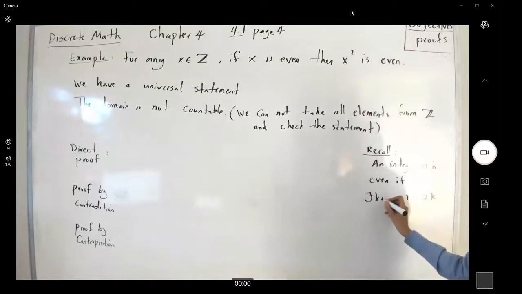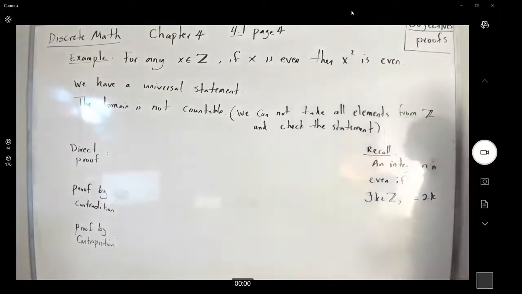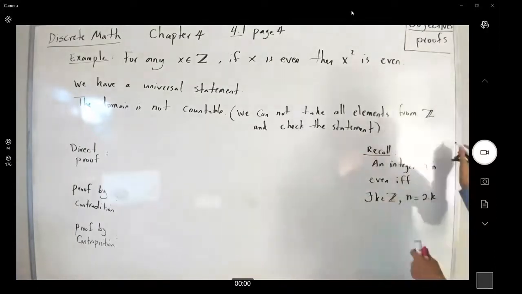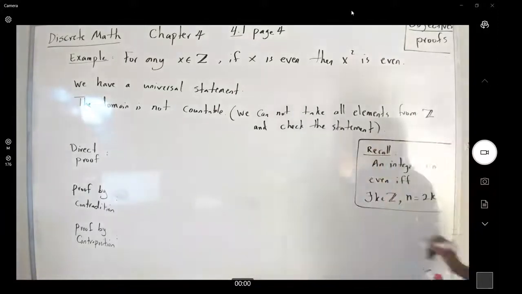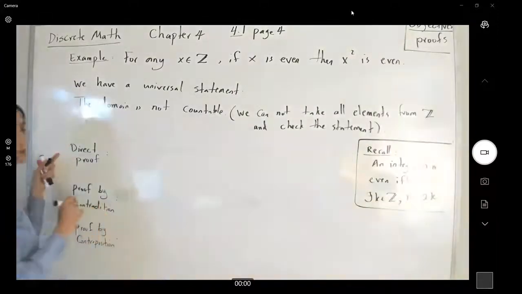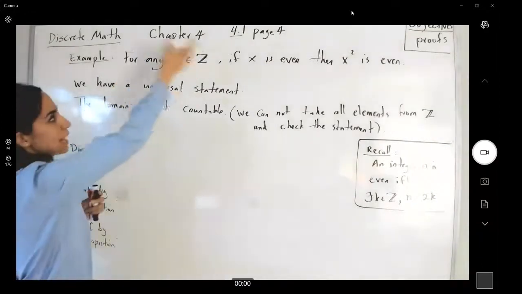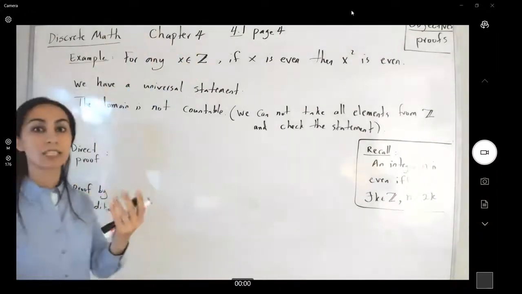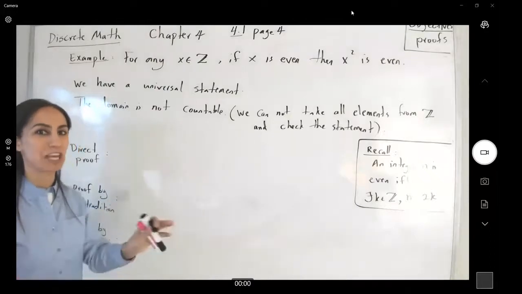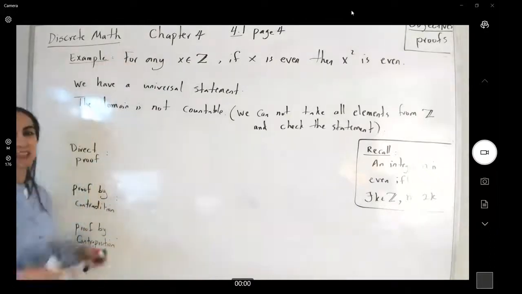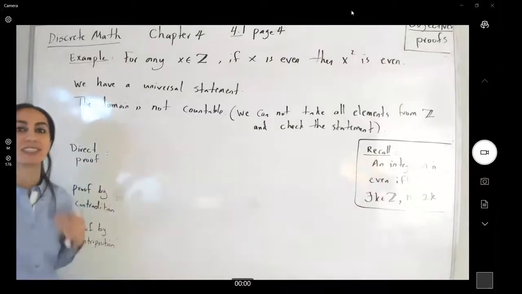There is another integer k such that n is 2k. This is the definition that we learned before, and we want to use the direct proof. Direct proof says, you have your random integer, you cannot specify what x is. That is a no-no. It's a universal statement, it works for all arbitrary numbers. x is even.